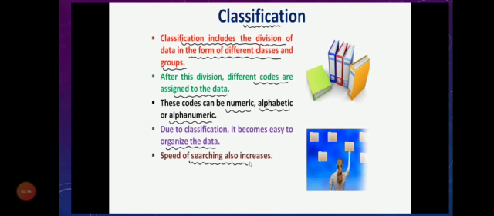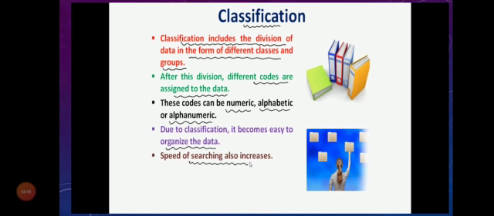These codes can be numeric, alphabetic, or alphanumeric. Due to classification, it becomes easy to organize the data, and the speed of searching also increases. A process of organizing data into classes or groups is called classifying.